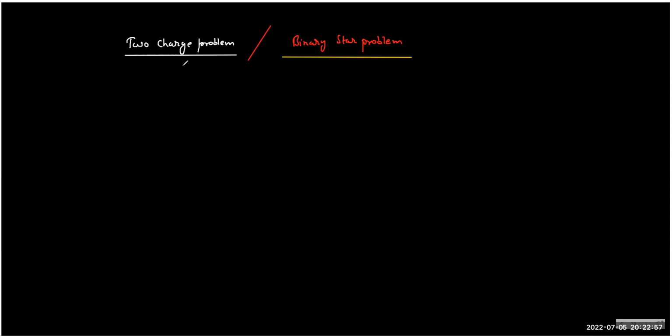If I particularly talk about the H atom, then what do we have? We have exactly one proton and one electron, isn't it? So can we say this is like a binary charge problem or two charge problem? The answer is yes, we can say.